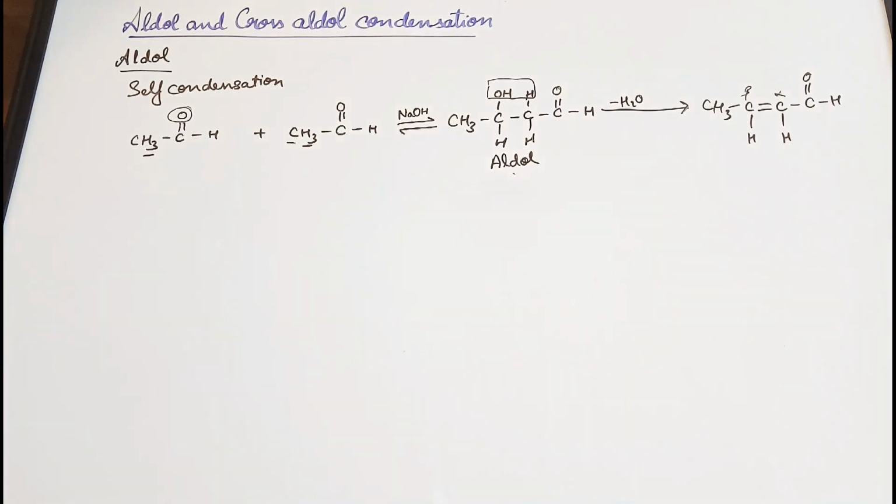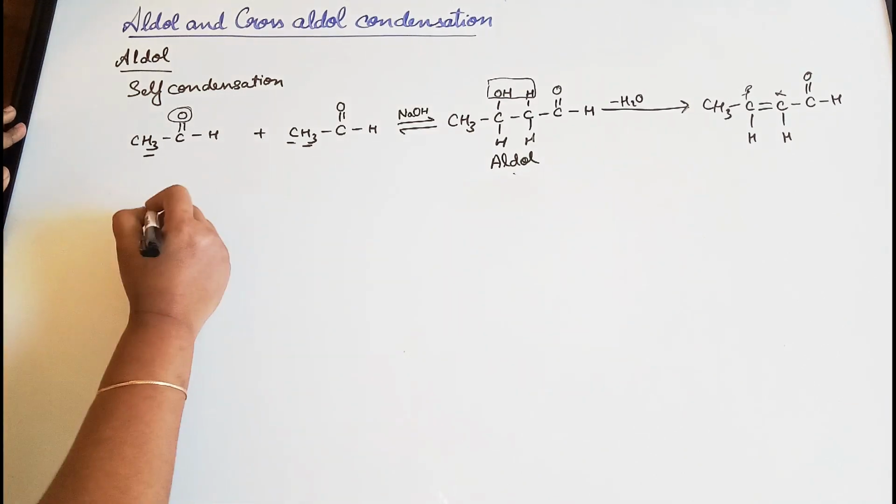Aldol condensation involves the self-condensation of an aldehyde or a ketone that consists of at least one alpha hydrogen atom, and this leads to the formation of an aldol in case of an aldehyde and a ketol in case of a ketone. So let's write it.